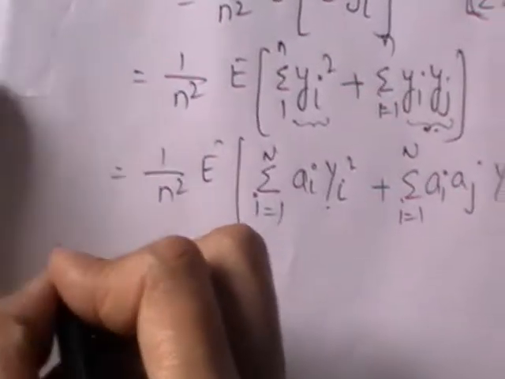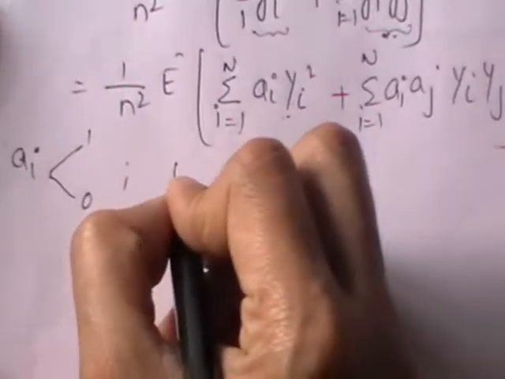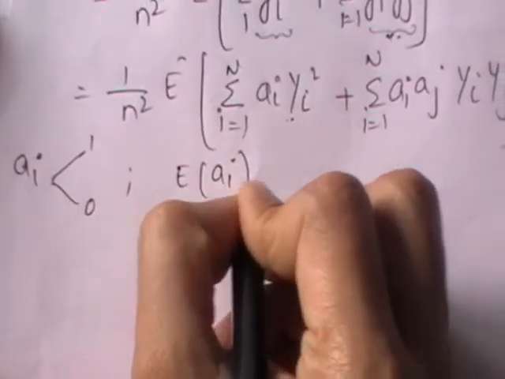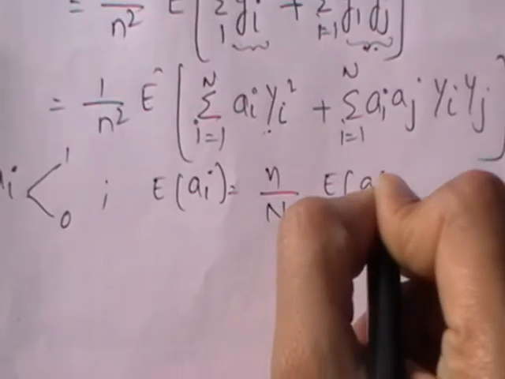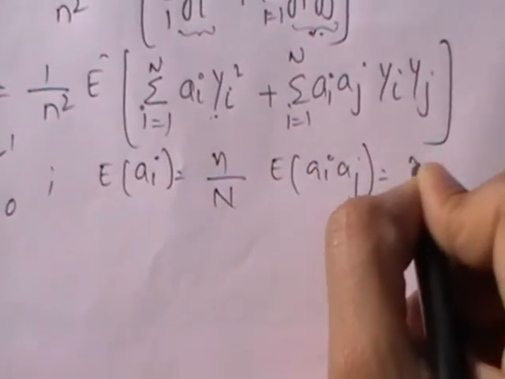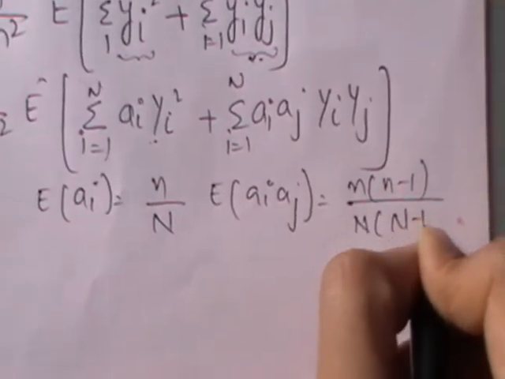Now you know that ai is a random variable which takes two values 1 and 0, with expectation of ai equal to n by N and expectation of ai aj equal to n into n minus 1 by N into N minus 1.